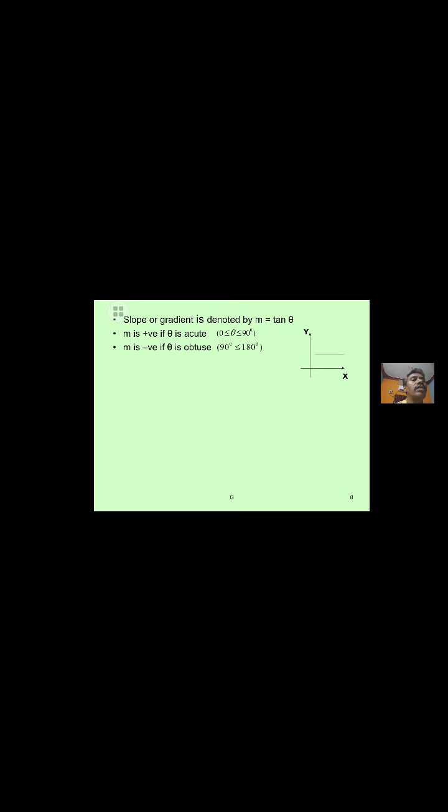That means angle is 90 less than theta less than or equal to 180 degrees. m equals 0, the straight line is parallel to x-axis. That means if slope is 0, then we can say that line is parallel to x-axis. And m equals infinity means the straight line is perpendicular to x-axis.